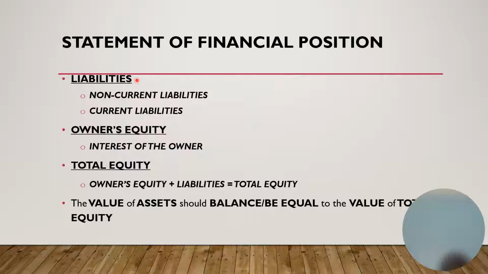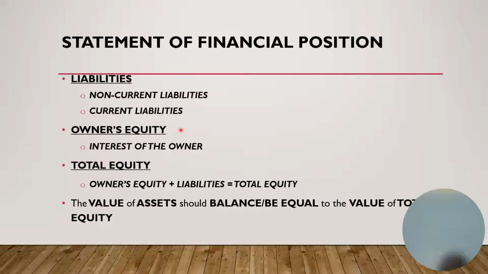It's money that we're supposed to pay to our suppliers, which we call creditors or trade payables. So also your liabilities are divided into two. We have non-current liabilities and current liabilities. That's the second item. And then the third item is the owner's equity.